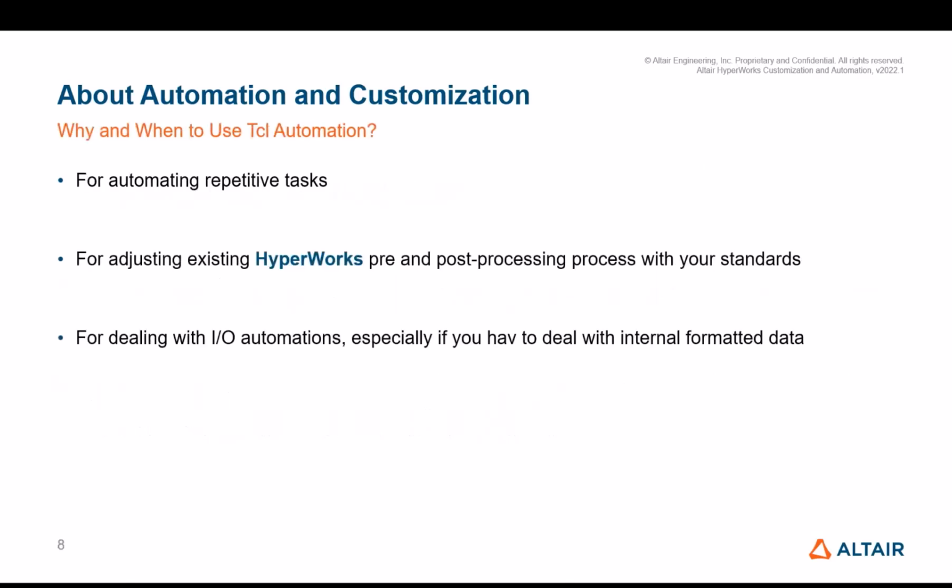Now, let's speak about automation and when you really need TCL automation. You need TCL automation for automating repetitive tasks if they are not available in the core HyperWorks software, and to adjust existing HyperWorks pre- and post-processing with your standards.